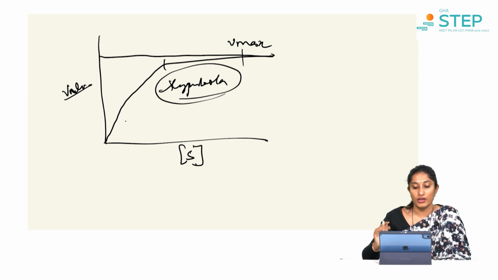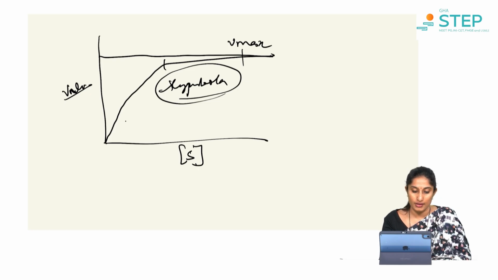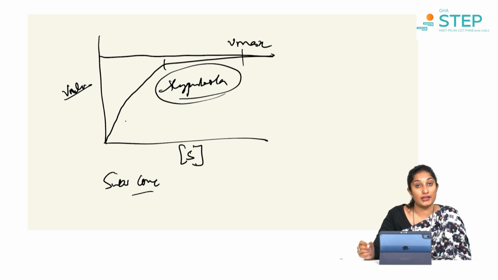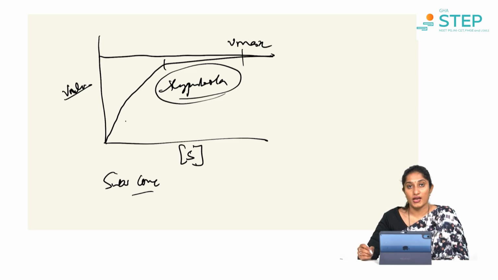So, we do not get a linear graph, but we get a hyperbola graph. So, the hyperbola graph is the graph for substrate concentration. Increase in the concentration of substrate increases the rate of reaction, but after some time it reaches the maximum and stays in that plateau phase.